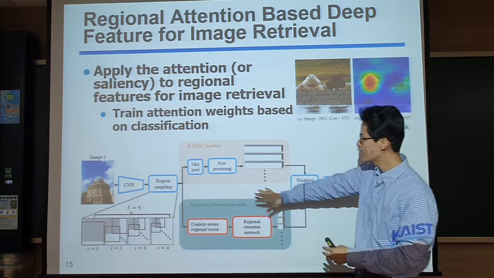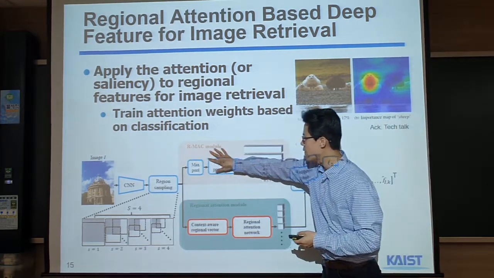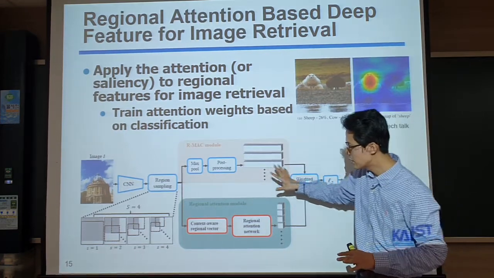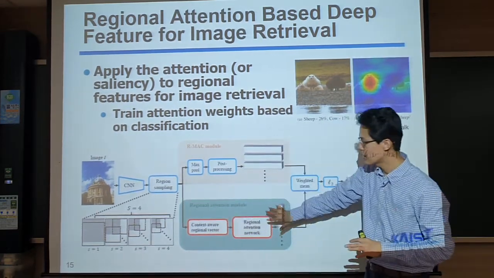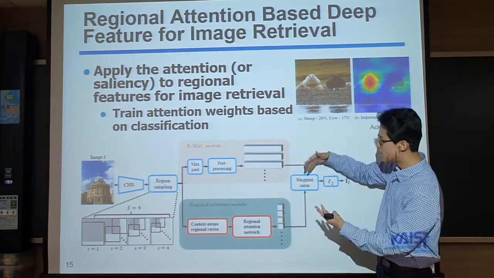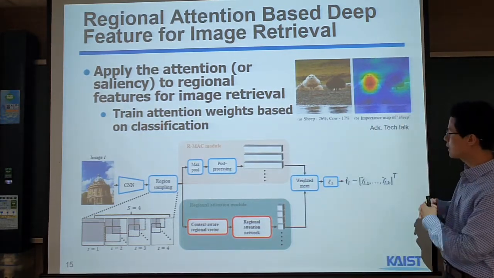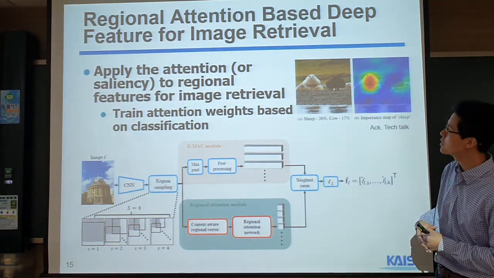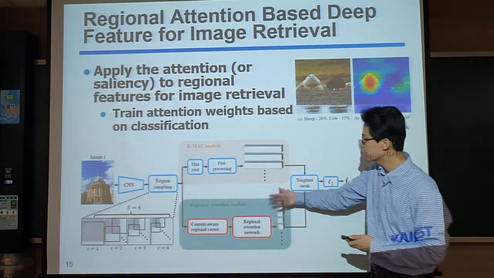The main concept is that we consider the RMAC unit that considers different regions, and also this kind of regional attention for each box, and then we combine them together. By using attention, we show that we achieve better accuracy by considering this kind of weight.